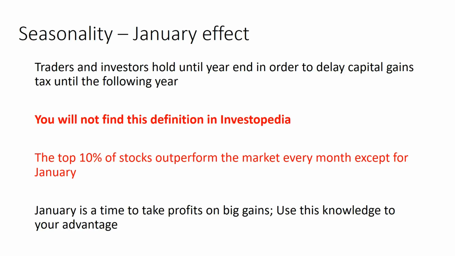So the top 10% of stocks outperform the market month in and month out, with the exception of the month of January. January is seen as not a good month for trend trading.